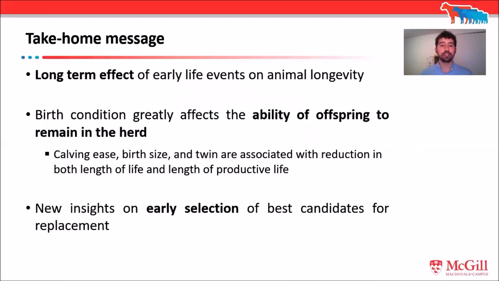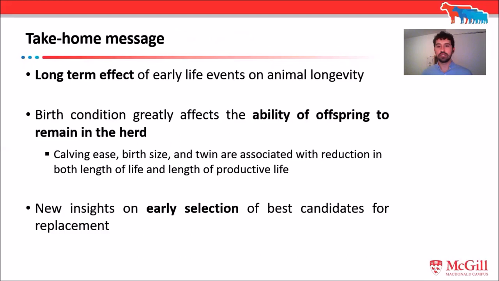As take-home messages from this study, we found that there is a long-term effect of early life events on animal longevity. This goes well with the little literature we have and the little studies that we have available regarding early life events and animal longevity.